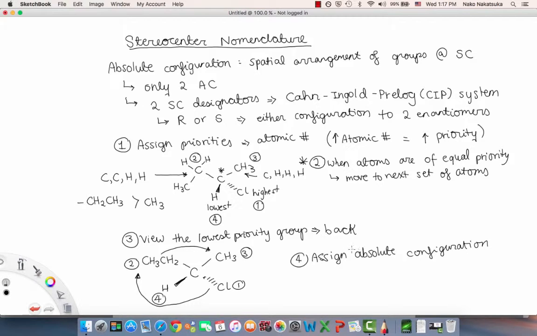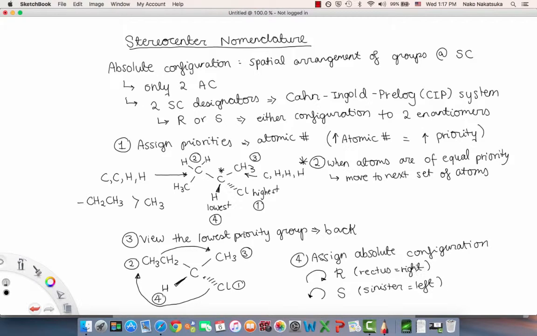So after you assign the absolute configuration based on the arrow that you draw, if it goes to the right, when the priorities decrease clockwise, it's called R. And R actually stands for the Latin term rectus, which means right. So that's a pretty good way to remember that when you see R, it means that the priorities go from the highest priority to the lowest priority to the right. On the other hand, if it goes in the opposite direction, the left, it's S. And the reason why it's S is because the Latin term is sinister, which means left.